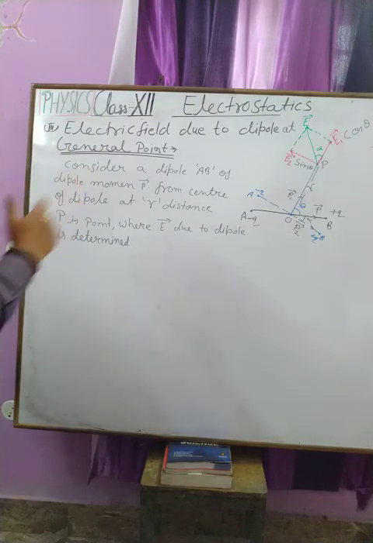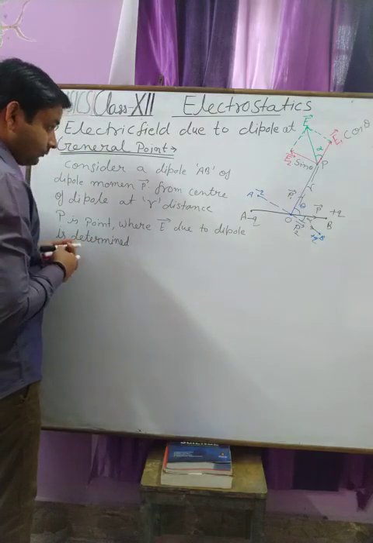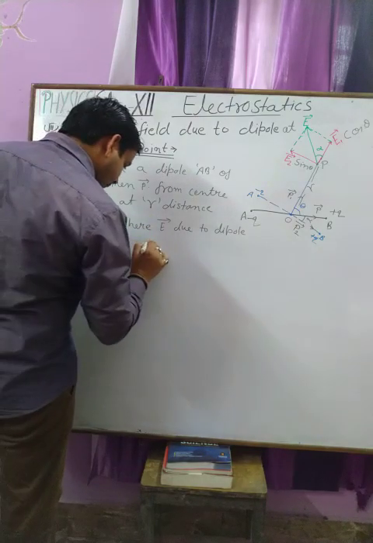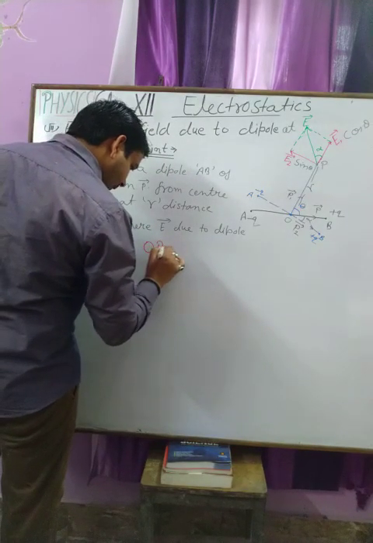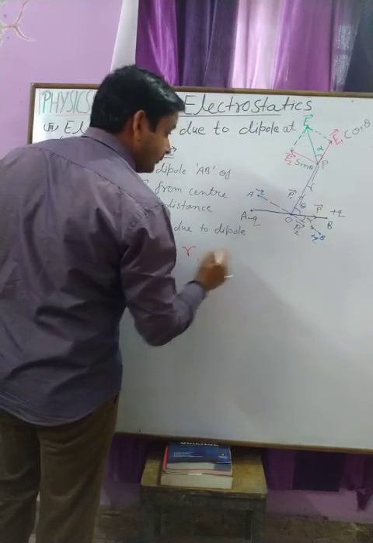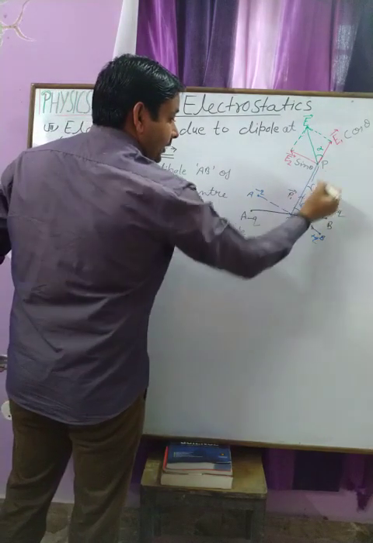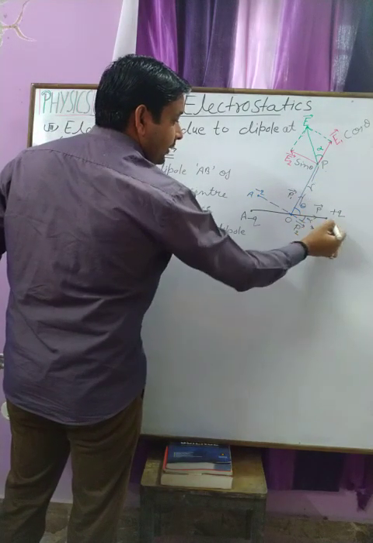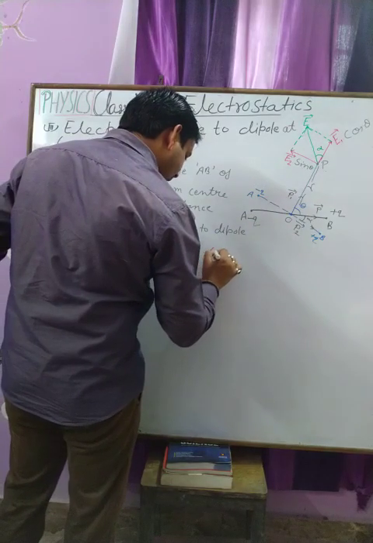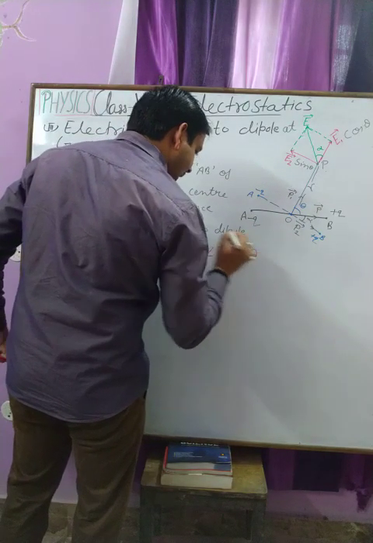Now from the figure we are getting OP is r, from O to P, and angle POB is angle theta.